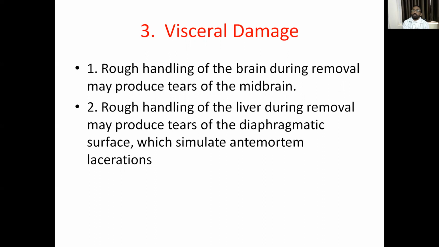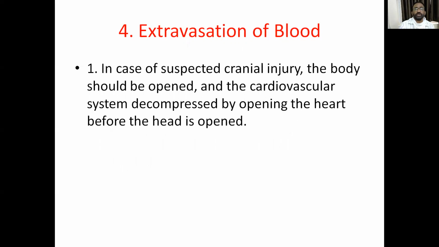There are 4 types of methods, and these can be applied while unmasking the visceral organs. If you handle roughly or are careless in removing the organs, you may injure the visceral organs and mistake it for antemortem injuries.